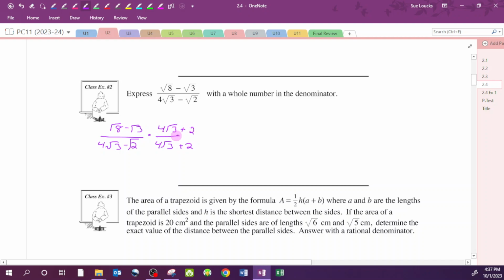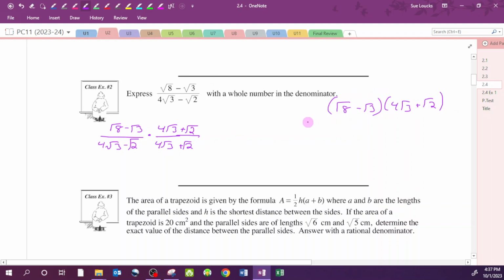All right. The numerator is a nightmare, so I'm going to come over to the side and see if I can simplify things here. So this is going to be root 8 minus root 3 in brackets times 4 root 3 plus root 2. Sorry, I am falling asleep on the job here. Plus root 2. Okay.